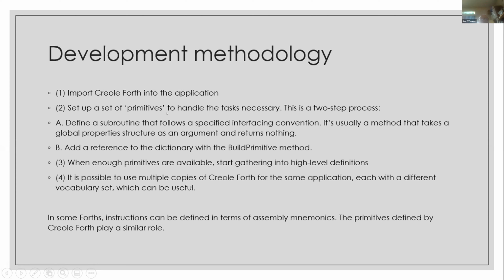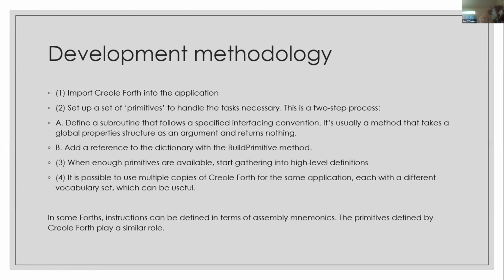So this is a two-step process. I define a subroutine that follows a specified interfacing convention. It's usually a method that takes a global property structure as an argument and returns nothing. I add a reference to the dictionary with the build primitive method, and then when enough primitives are available, start gathering them into high-level definitions.